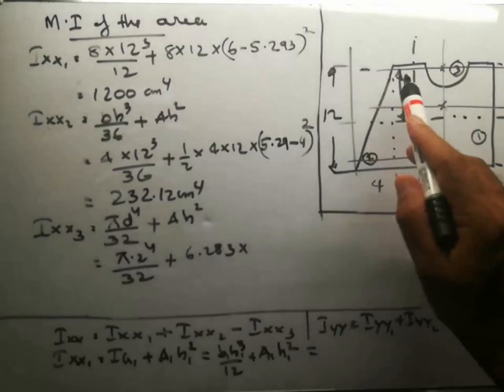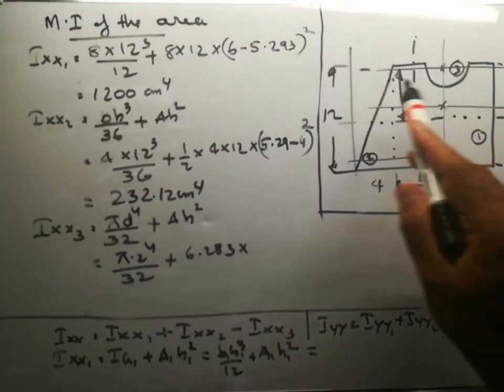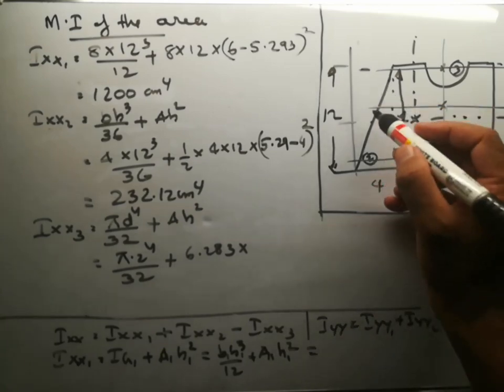We know y3, so this distance is y3 minus y bar, where y3 is 11.15.